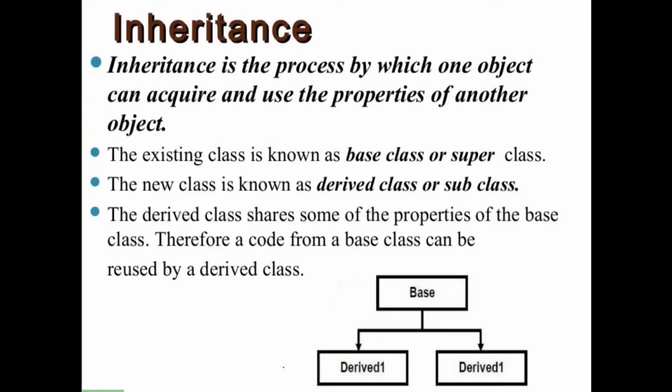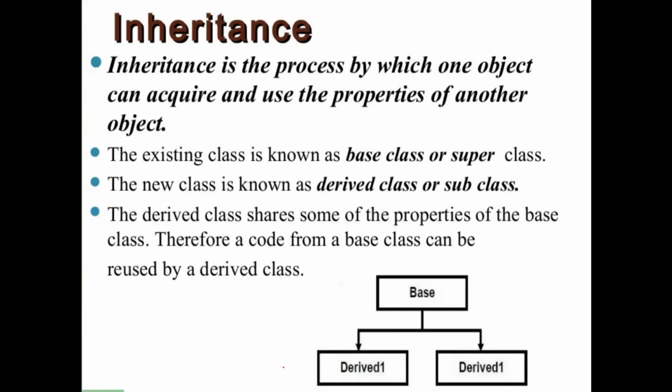The next concept is inheritance. Inheritance is the process by which one object can acquire and use the properties of another object. It may acquire 100% of the properties or it may acquire some of the properties.